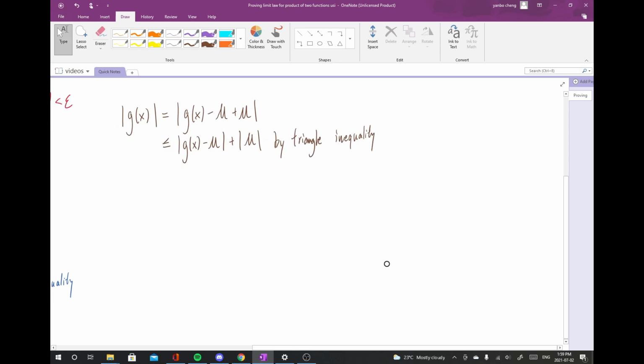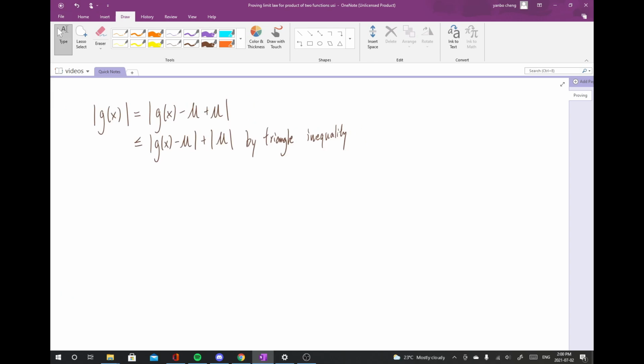Now, we want to put something in terms of this, because it still has g of x. So let's look to the function g of x. What the function says is that the limit as x approaches a of g of x equals m.